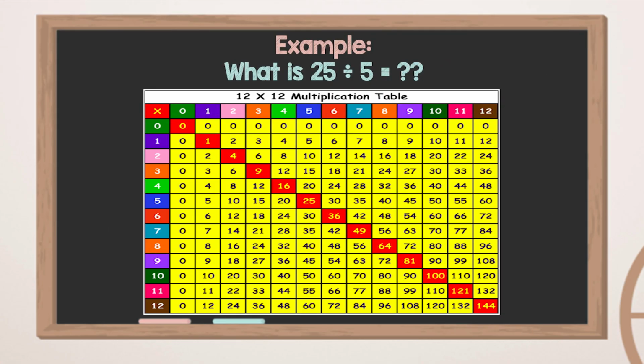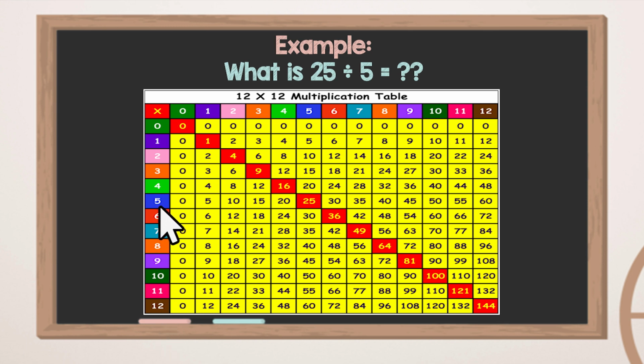So let's go. What is 25 divided by 5? So let us identify our second number. The second number is 5, and we are identifying that in the first column. So we have our 5 there.